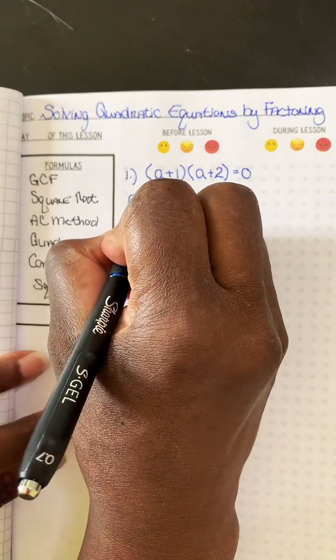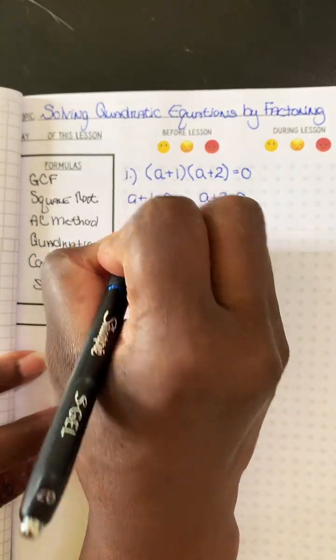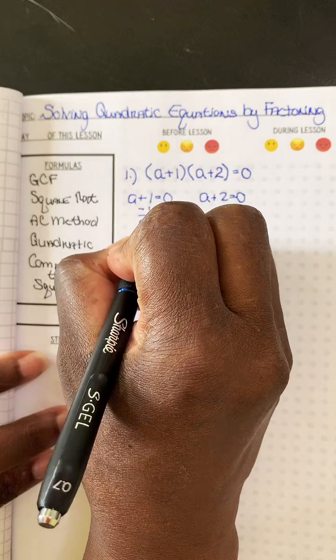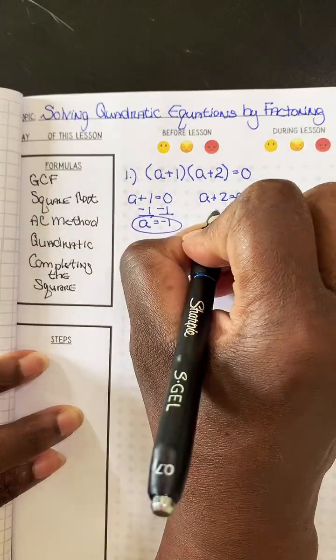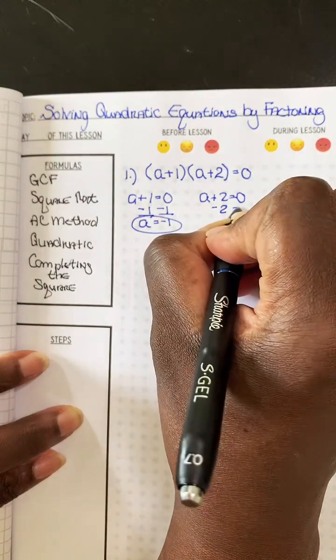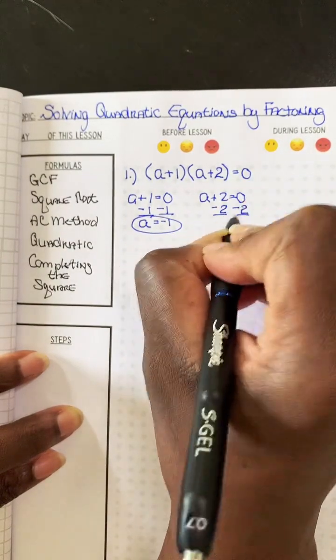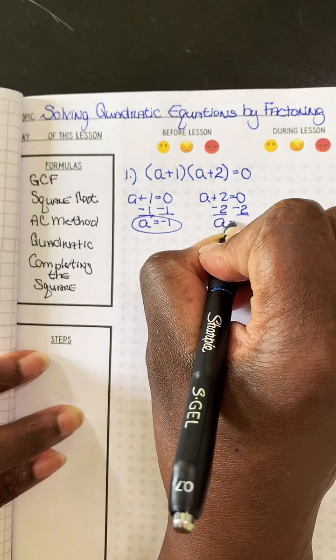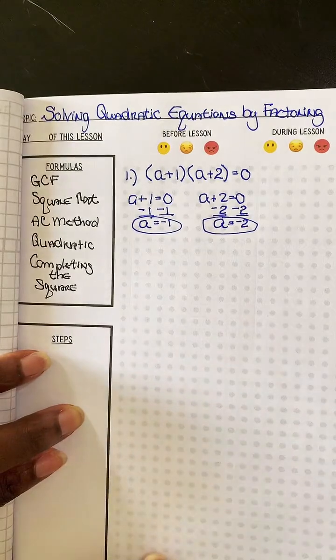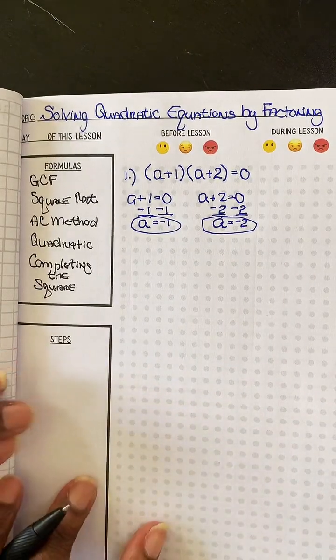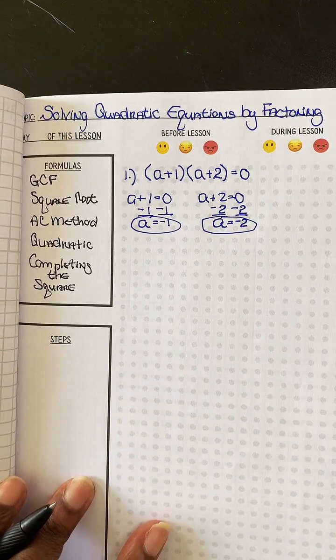So this one, subtracting 1, that means we have a is equal to -1. Then we're subtracting 2, then we have our a is equal to -2. All right? Boom. Done.